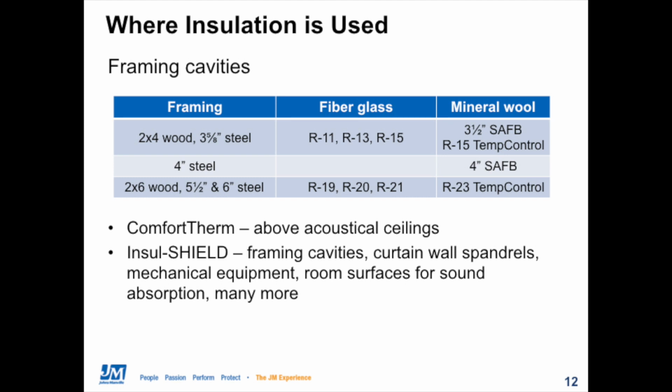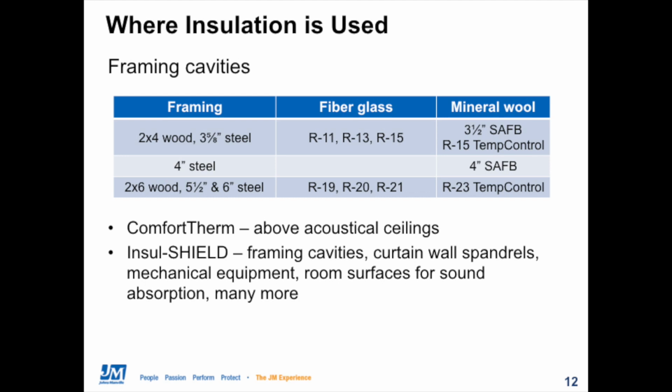So for example, walls framed with 2x4 wood studs or 3.5 or 3 5/8 inch steel studs could take fiberglass anywhere from R11 to R15. 3.5-inch sound attenuating fire bats for mineral wool or R15 temp control mineral wool would also fit in these applications.